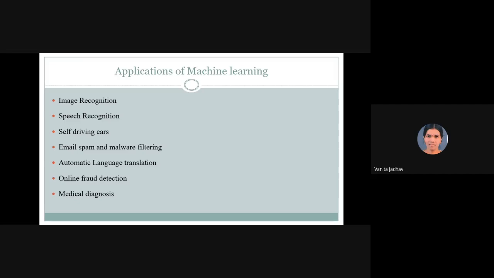Take the example of Google, which uses GNMT, Google Neural Machine Translation, to provide this feature. The neural machine learning translates into our familiar language, and it is also called automatic translation. So these are the applications of machine learning.